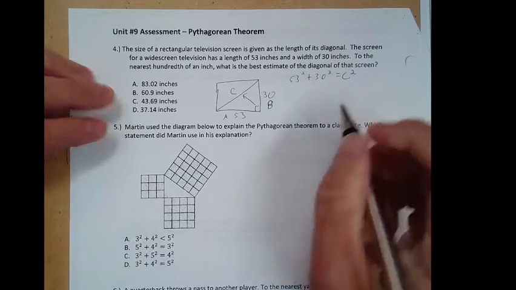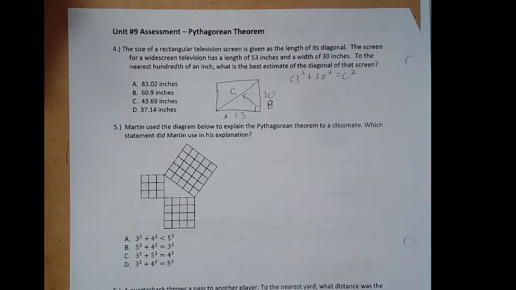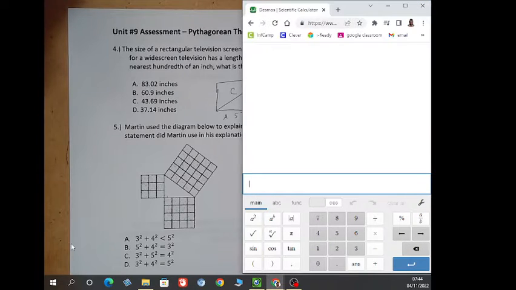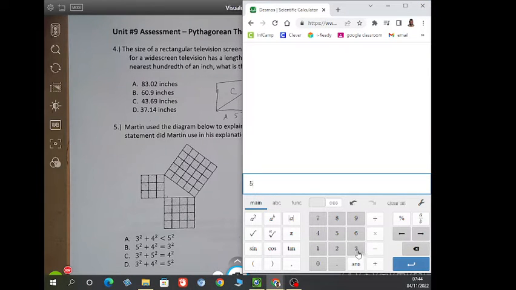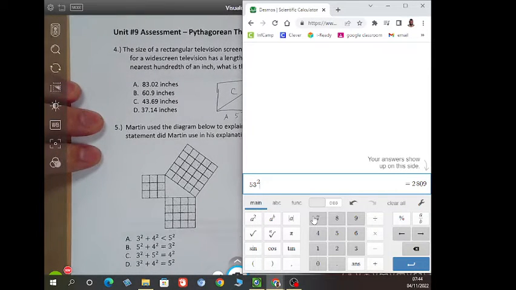I'm going to pull up the calculator. 53 times 53 gives me 2809. And then 30 squared gives me 900 equals C squared. So I'm going to add the 2809 plus 900.